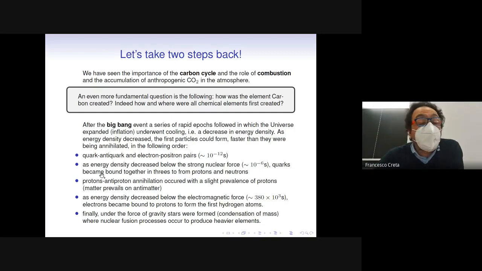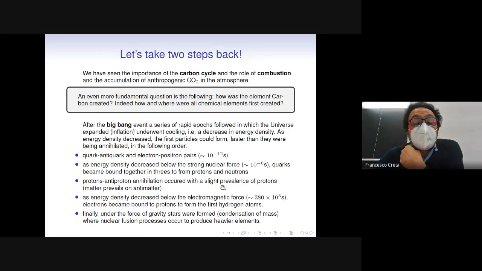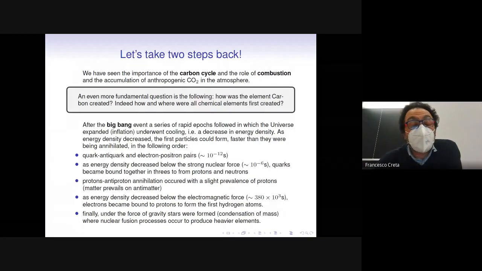So quarks become bound together in threes and form protons and neutrons. Proton-antiproton annihilation occurred. Now, as we know, there is a slight prevalence of matter over antimatter, so matter prevails.